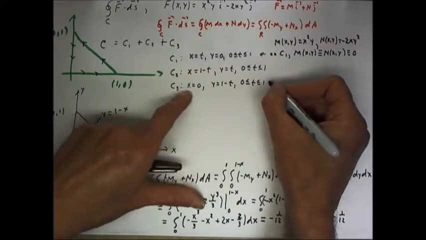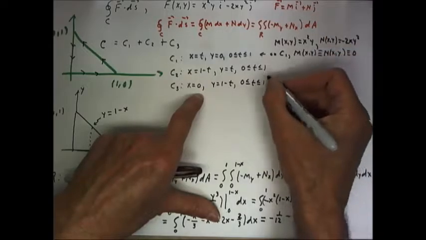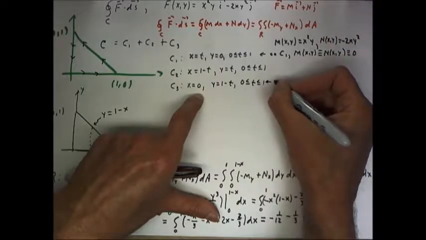And similarly, the same is true on C3, since x is 0 and both m and n have x as a factor.